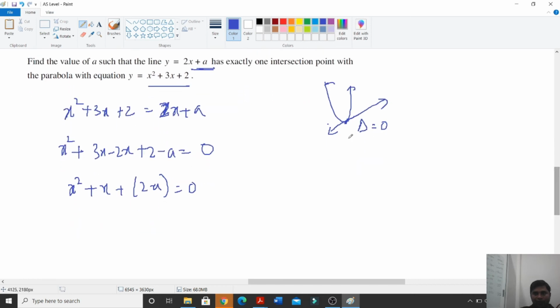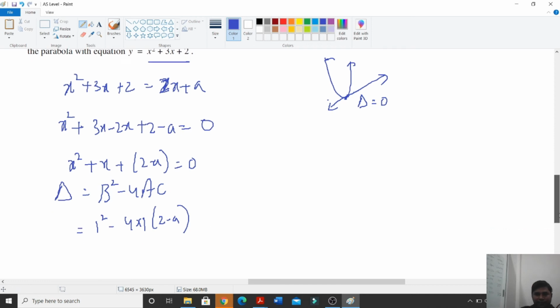Now we'll find the discriminant, and as it is intersecting only at one point, the discriminant is equal to 0. So discriminant delta is b squared minus 4ac. So b is 1 squared minus 4 into 1 into c, which is 2 minus a.